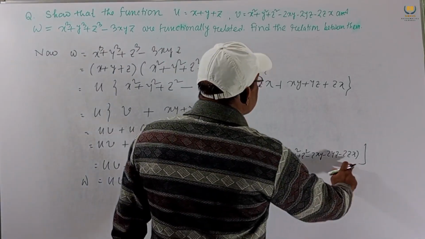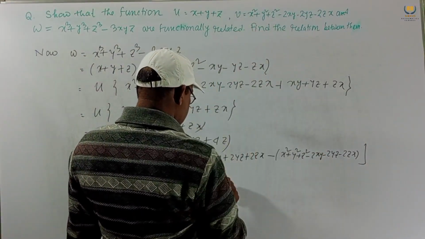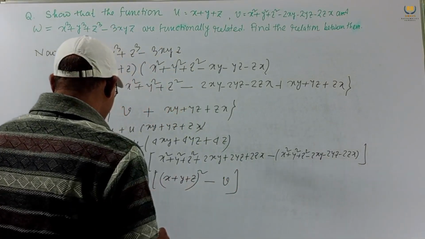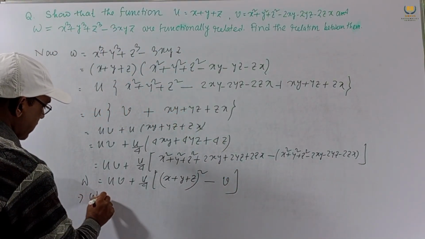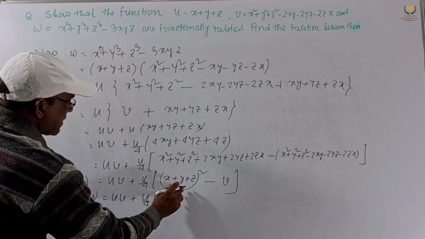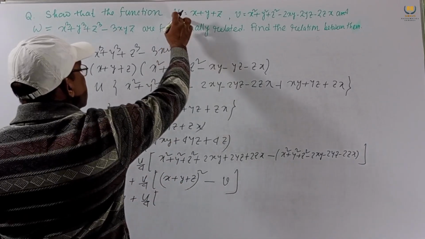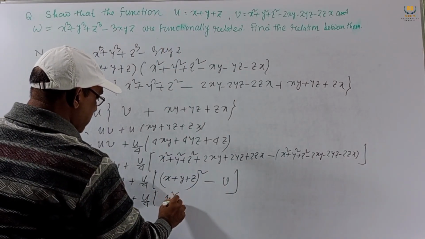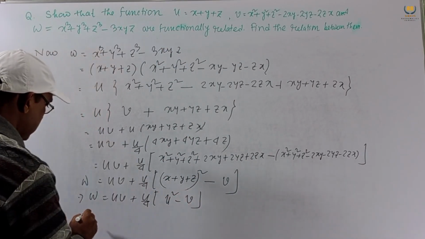And this whole, this is our v. This is v. So what we get, w equal to uv plus u by 4, and this is nothing but our u. This is u. U square minus v. We get this.